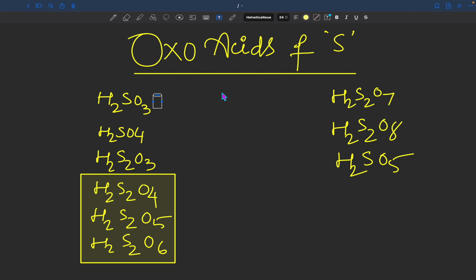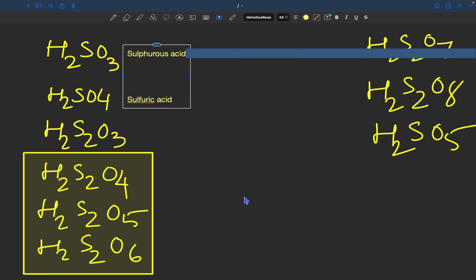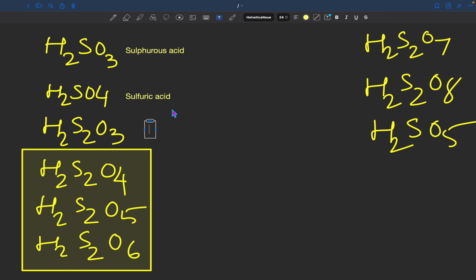So this is known as sulfurous acid. Can you see it? So this is sulfuric acid. This is thiosulfuric acid.